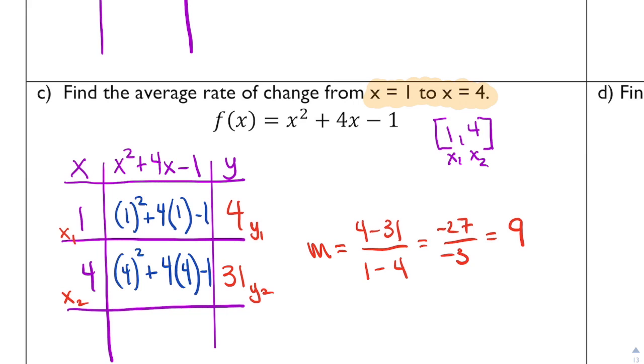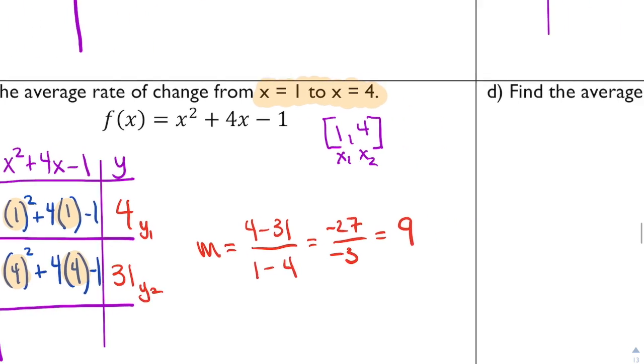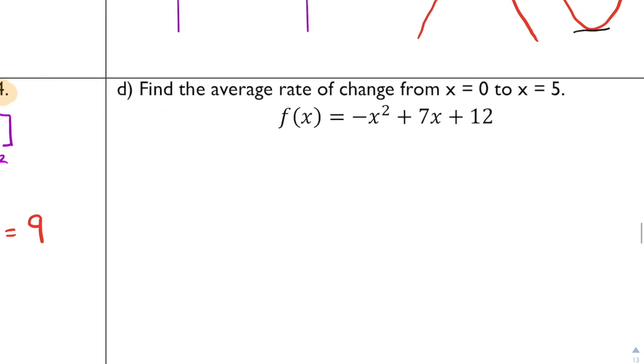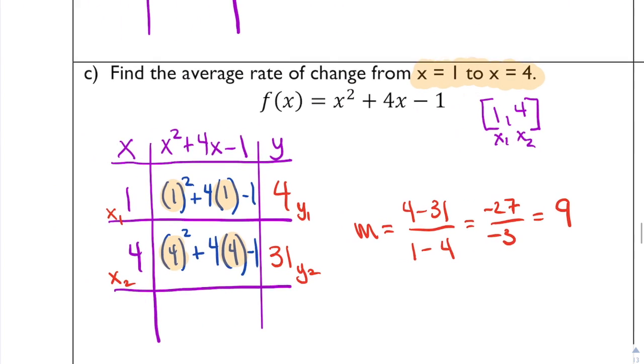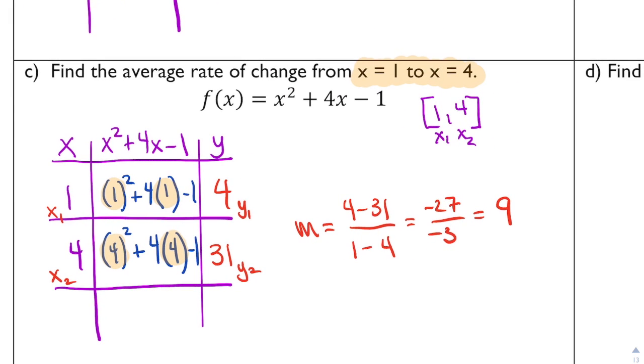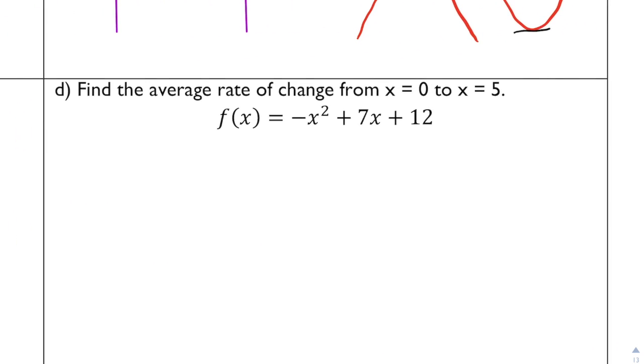The biggest thing you want to remember here is that your input goes in both your x positions in the same row. So make sure you're squaring things and putting things in parentheses. I'll help you set up the next one also. You can pause this and leave it on the screen if you need to double check your work, and then we'll move on to setting up the next one.